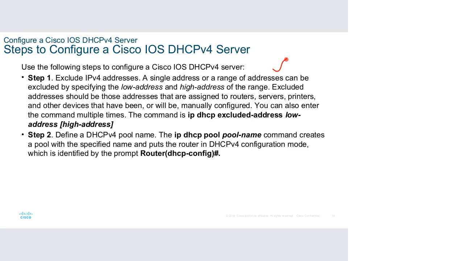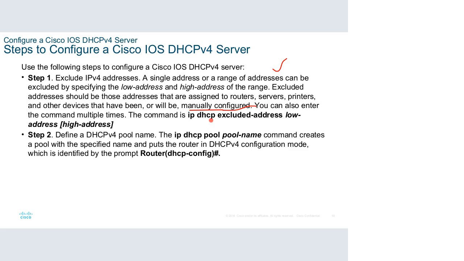For instance, you have a server that is hosting emails, you have a printer that is serving so many people. Those IPs must be out of that particular pool, because if the server keeps on changing IPs, then definitely your users will never be able to reach that server in that network. Okay. So manually configured IPs must be reserved, must be out of that pool.